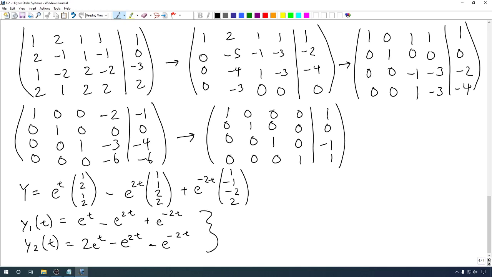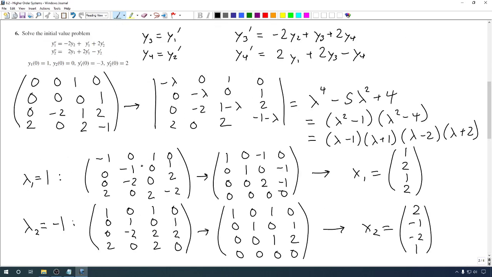Obviously, a lot of work. It's a long process, but that's all we need to do. It's very straightforward as long as we get lucky and actually do have 4 different eigenvectors that are linearly independent. If we actually have 4 different eigenvalues, that's what makes that guaranteed.